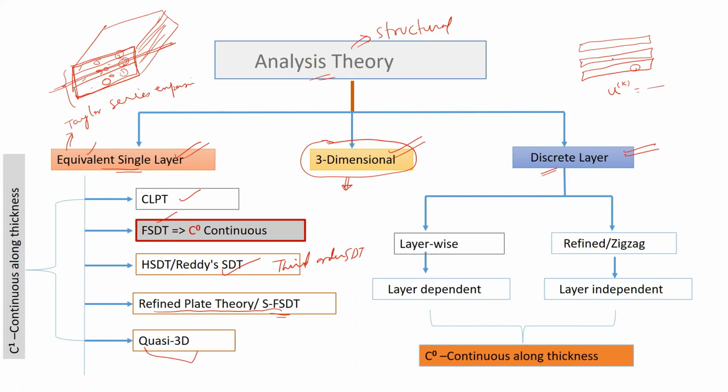Similarly, for the other lamina, different fields would be studied. So for each lamina we go for different field variables. This is called the discrete layer, meaning we study layer by layer. This is also called layer-wise.